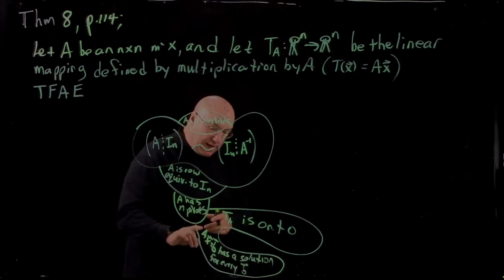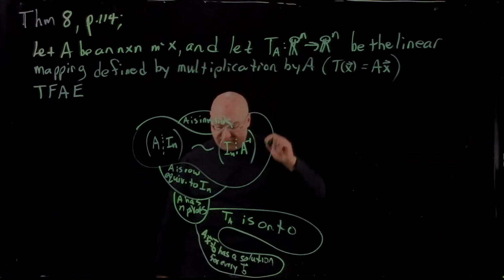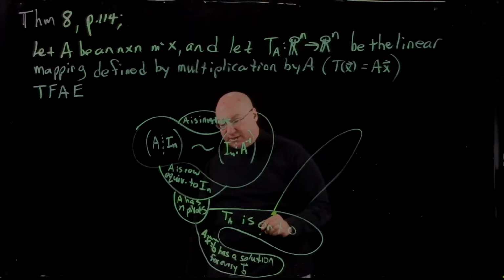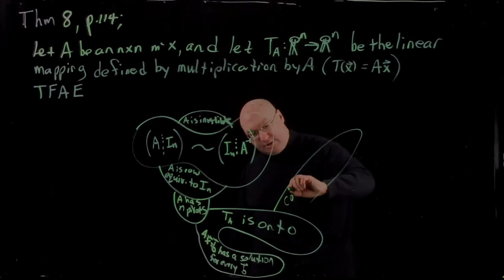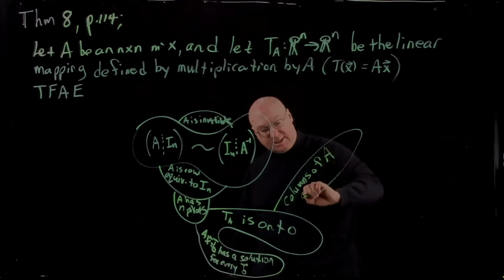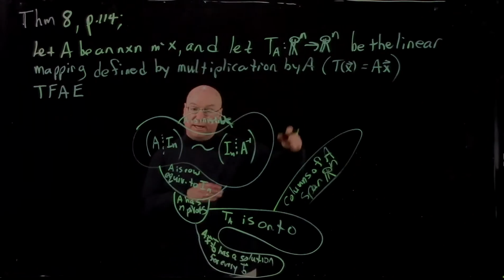So I can use linear combinations of the columns of A to get any vector B over here in Rn. So the other thing we'll just add off here, the little thing that comes off of this tentacle, is that the columns of A span Rn. Right? I can get any vector I want.